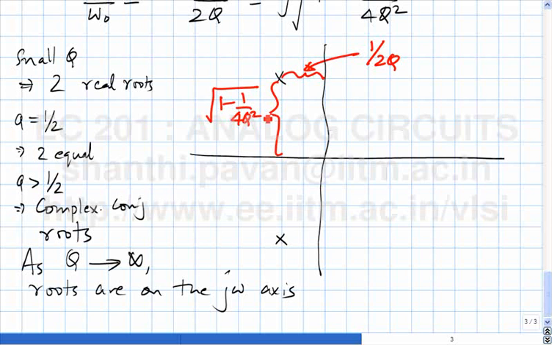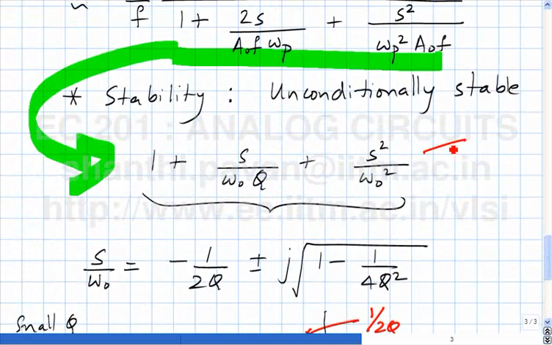Does it make sense? So as the Q becomes larger and larger, what do you think happens to the impulse response of the system? 1 over D of s, where D of s is this quadratic.